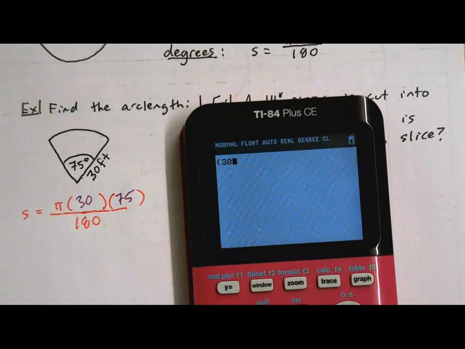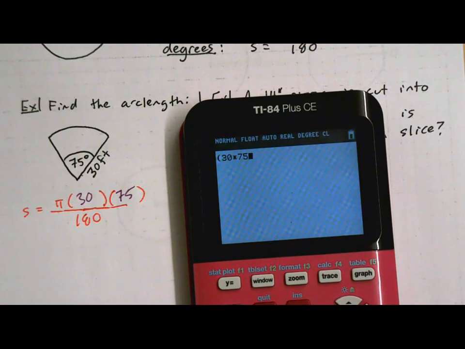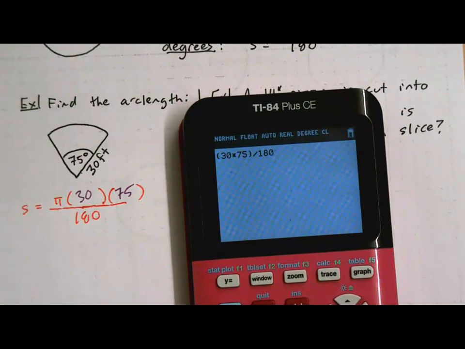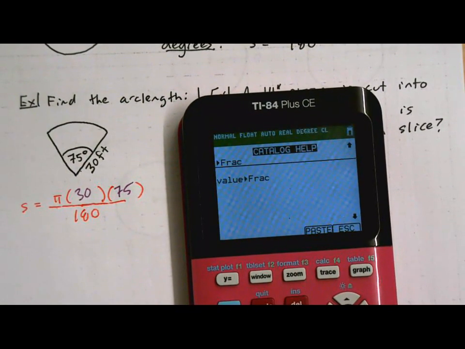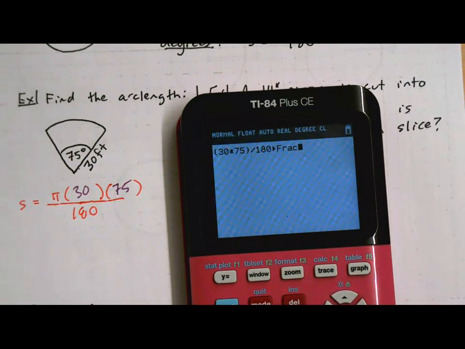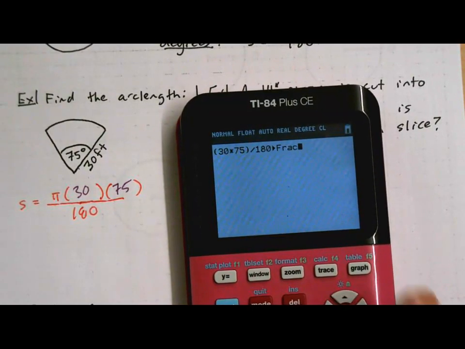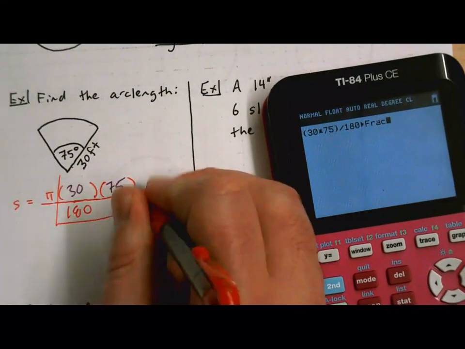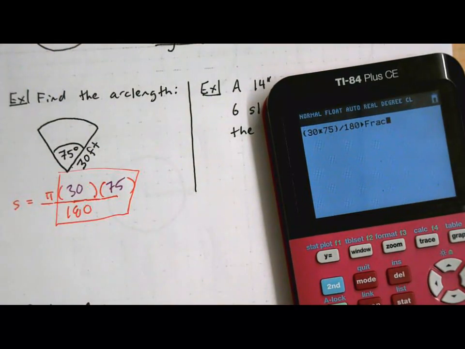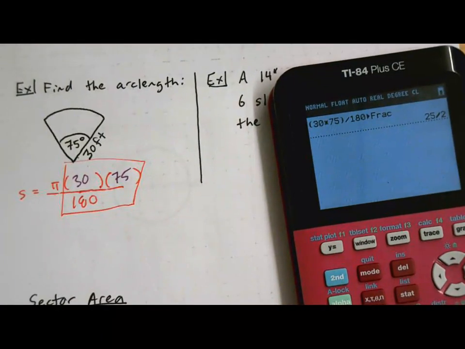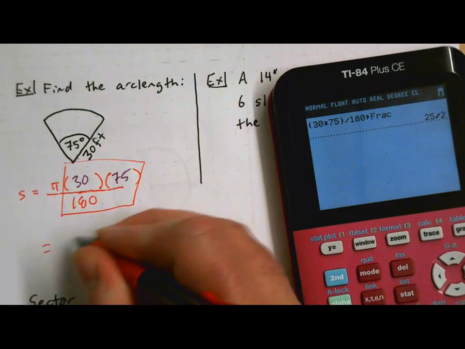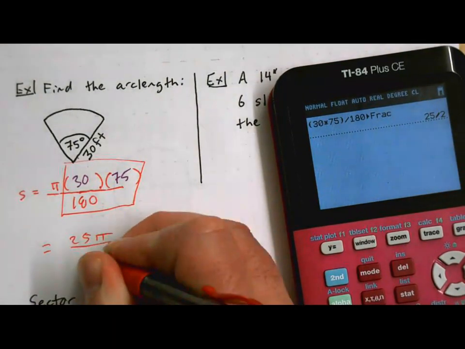I'd go 30 times 75 divided by 180, math frac. Oops, that's not what I wanted. Math frac. I'm just putting this portion into my calculator, leaving the pi out. And then I'm going to stick the pi on the end. So my final answer is 25 pi over 2.